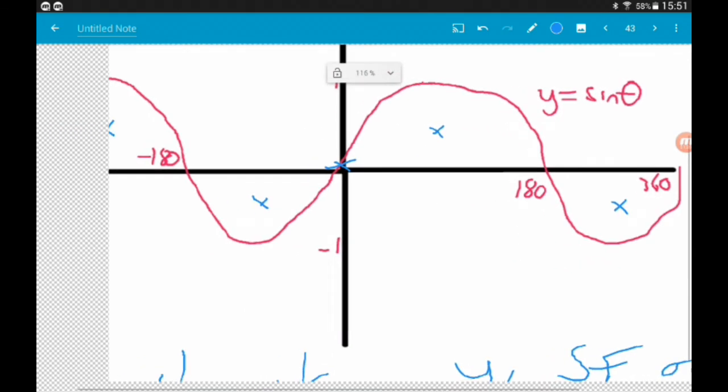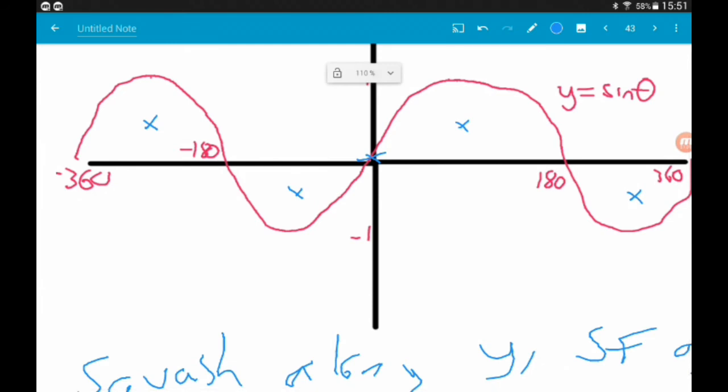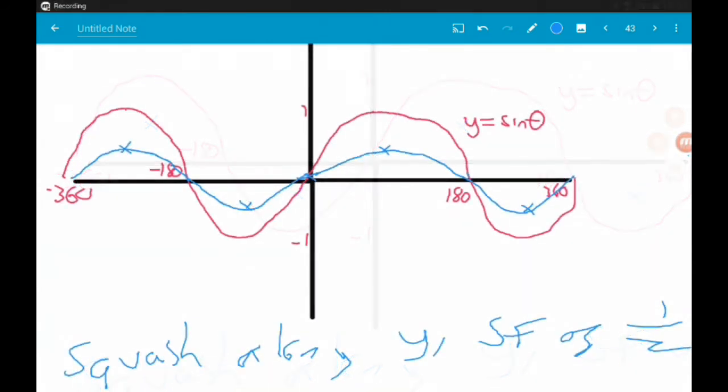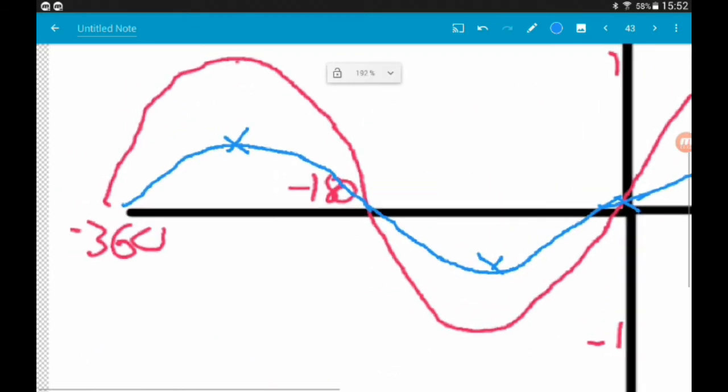So there are our points. I'm now going to join them up. Okay, so there is our transformed function, y equals 1/2 sine theta. Let's just label the transformed points.